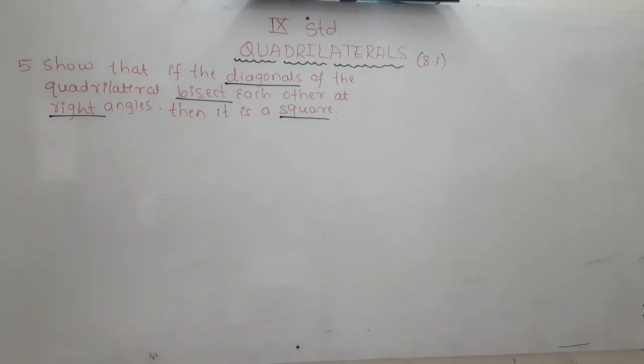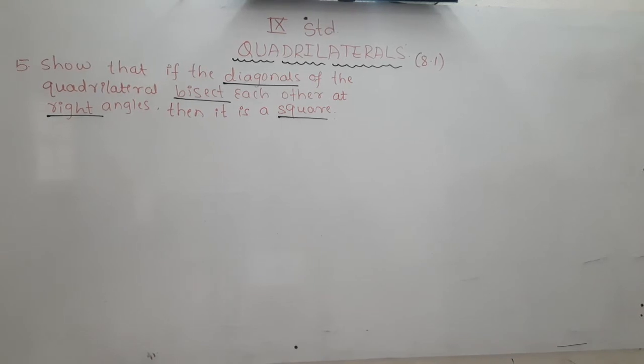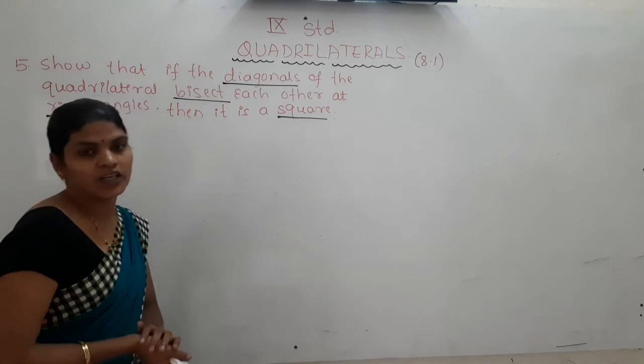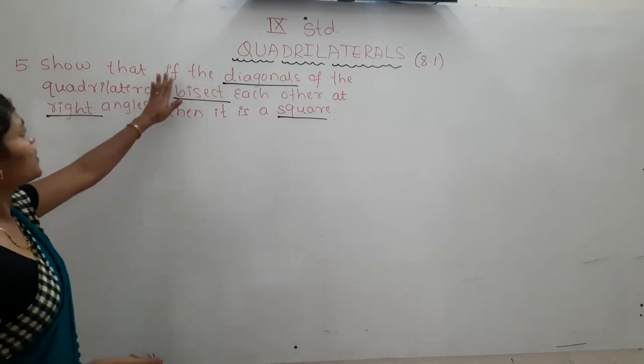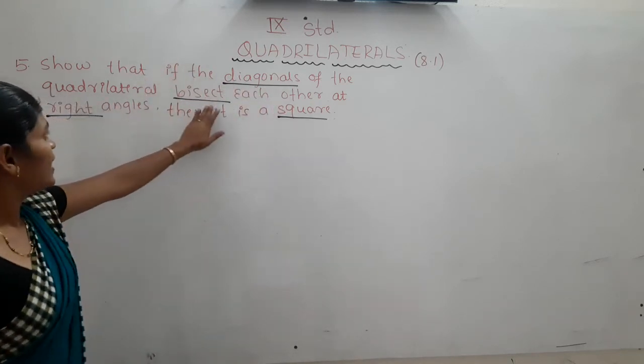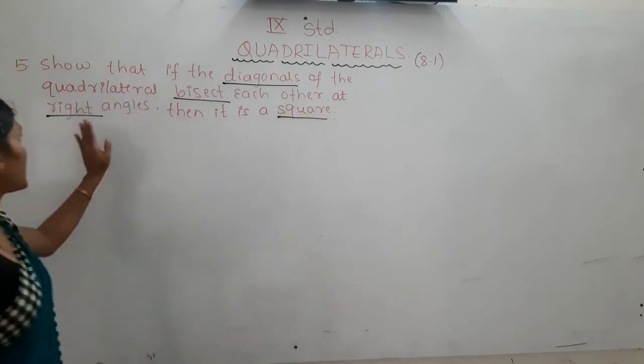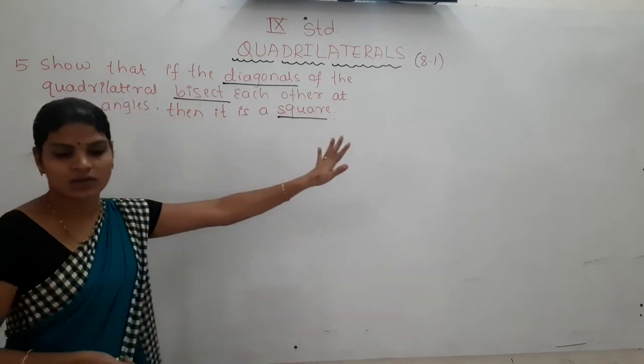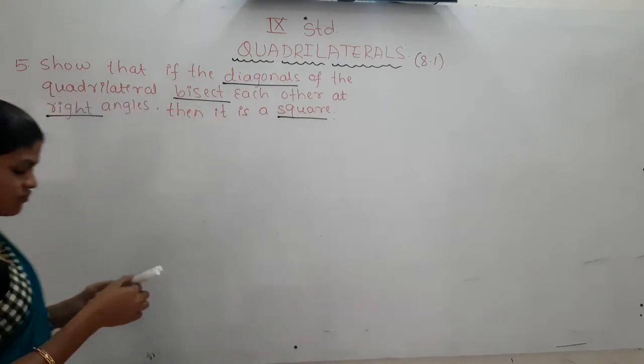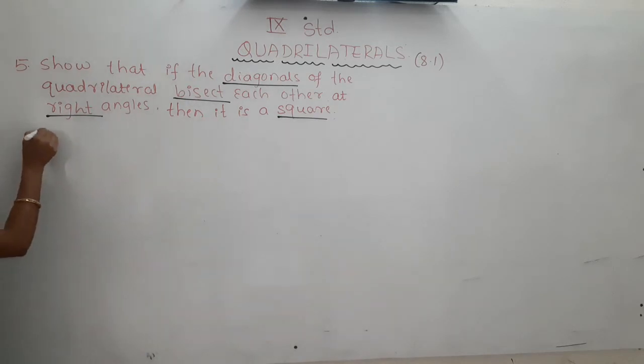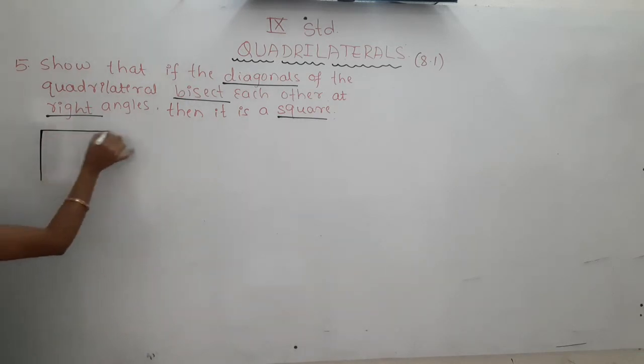Now it is the reverse question, meaning the converse. Here we have to do its converse. If the diagonals of a quadrilateral bisect each other at right angles, then it should be a square. Let us take a diagram.